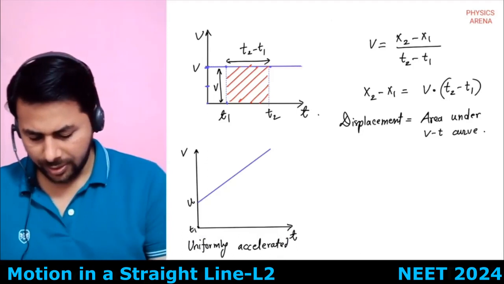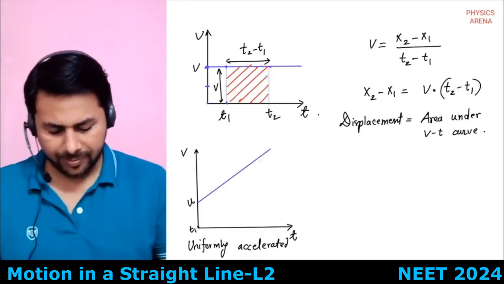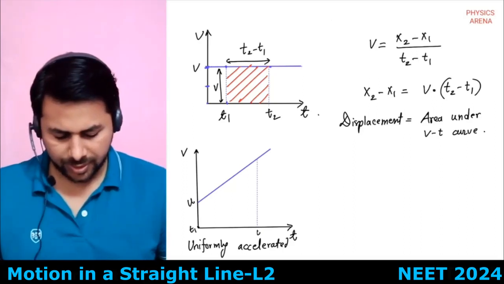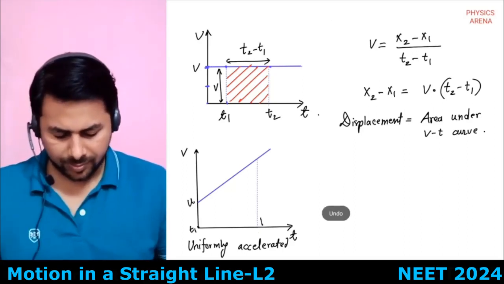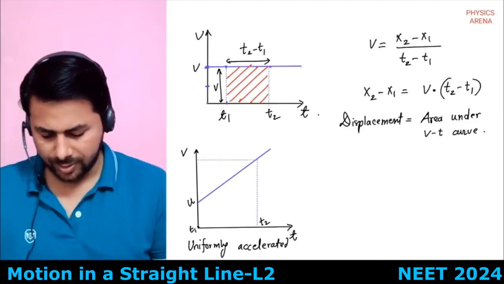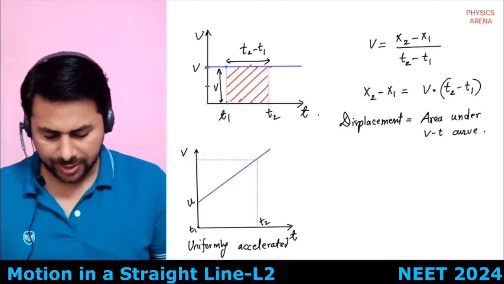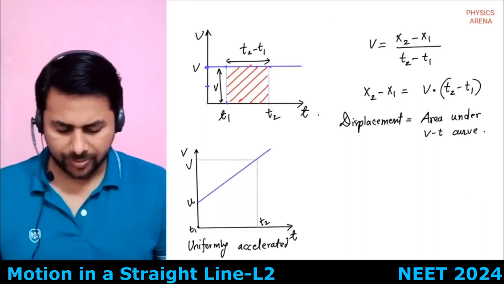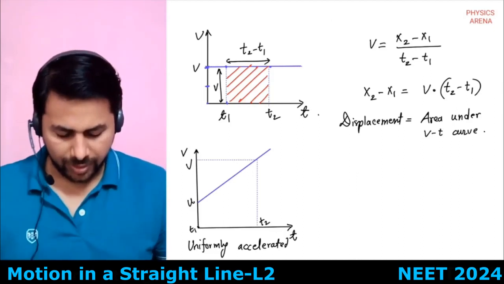And you have some velocity at time t2, and your velocity at this time is this much. Initial velocity we generally denote by u, or v naught. Final velocity we will denote by v only.